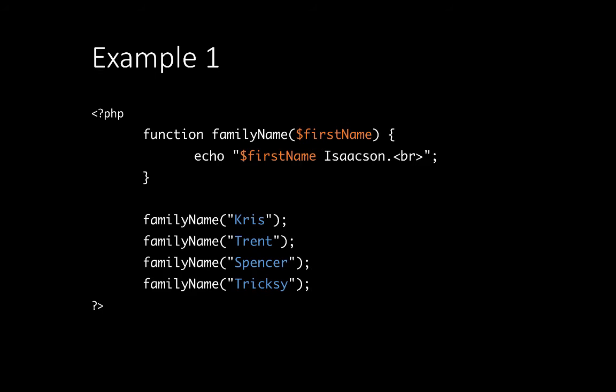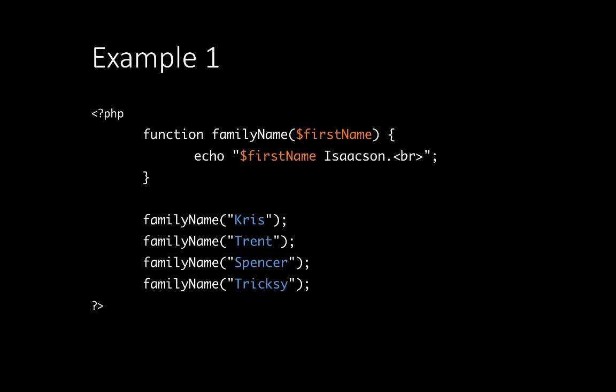So this is my family's first names. After that, we have function family name, we're passing the variable first name, then we have the opening curly brackets, the code we're executing, and then the closing curly brackets. Right after that, we're calling the function a number of times. In the first case, use my first name, Chris, as that variable first name, because it is contained within those parentheses.